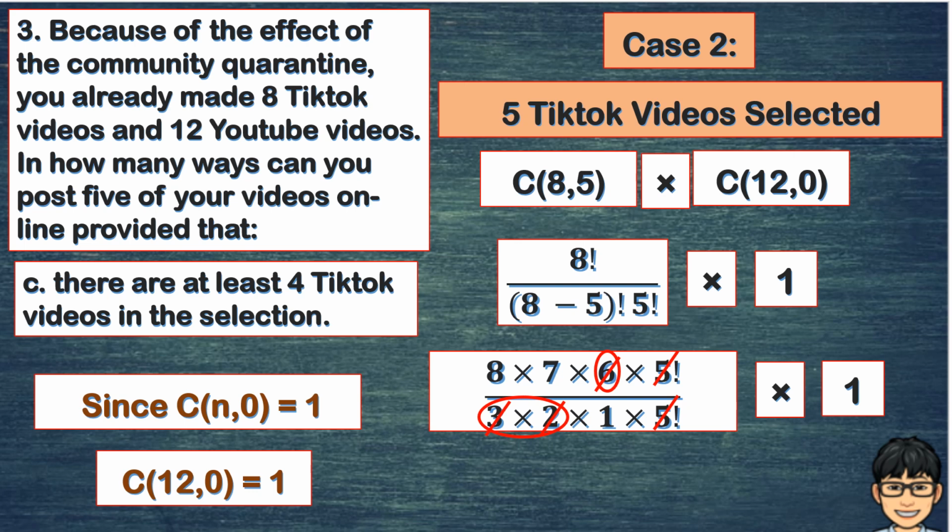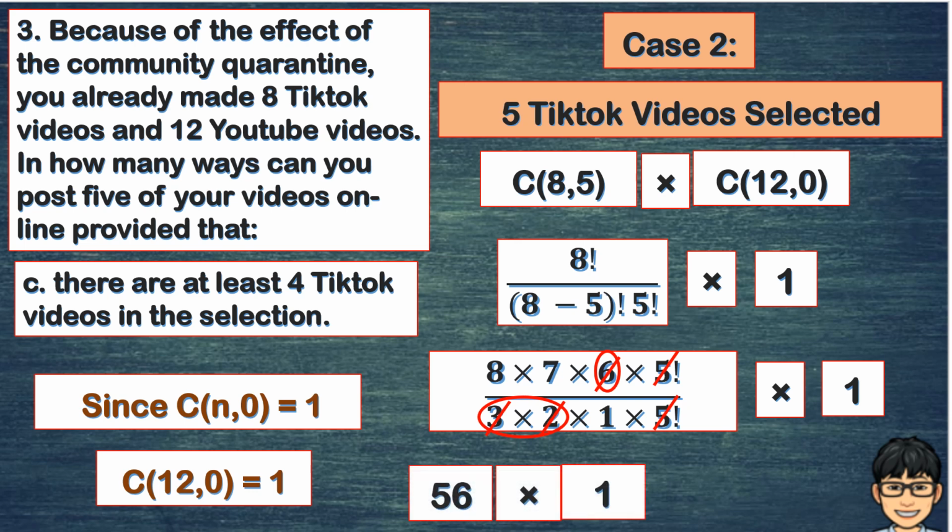Ang naiwan sa itaas ay 8 times 7. And that is equal to 56 times 1 equals 56. So, therefore, meron tayong 56 ways para mag-post ng 5 TikTok videos online.